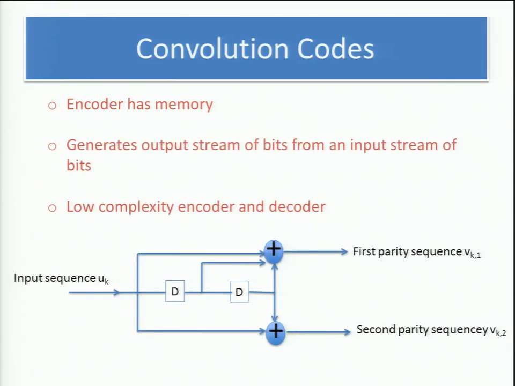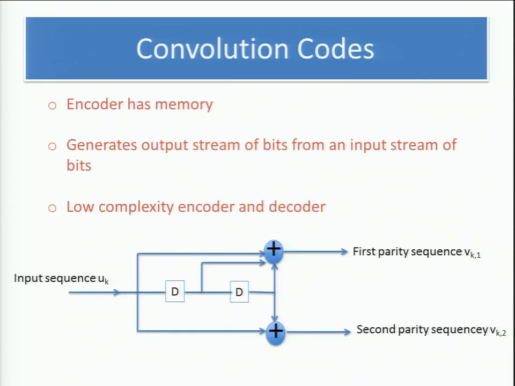Then this sequence u_k, I am passing it through two shift registers, which means I am delaying. So I have u_k, but I also have access to u_{k-1} and u_{k-2}. Here my window of encoding, the memory, is 2, because I am remembering the past 2 bits also in order to generate the current parity bit.